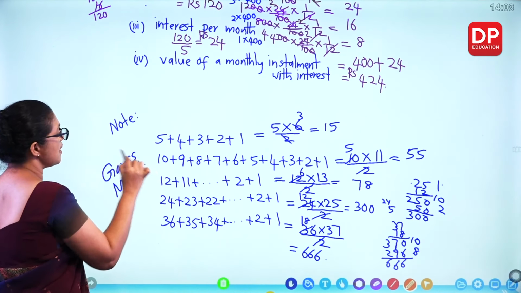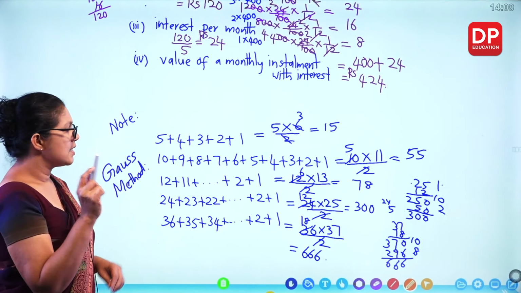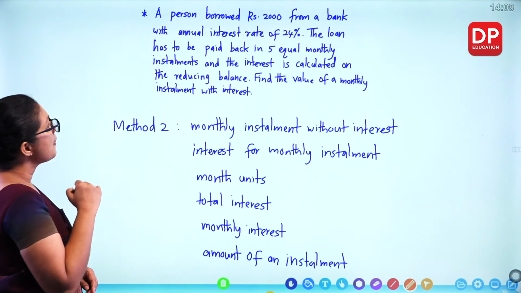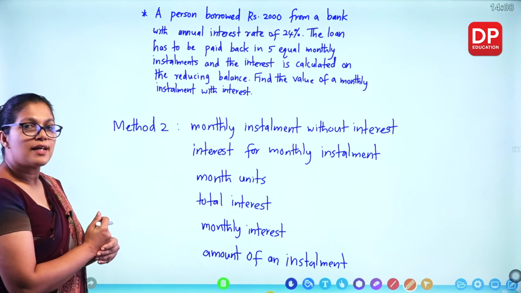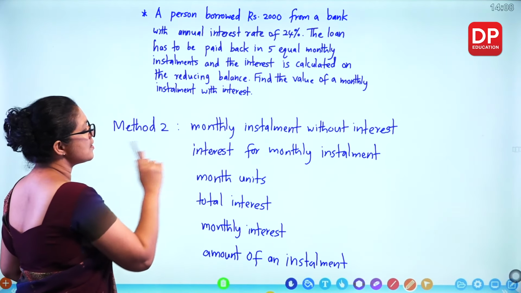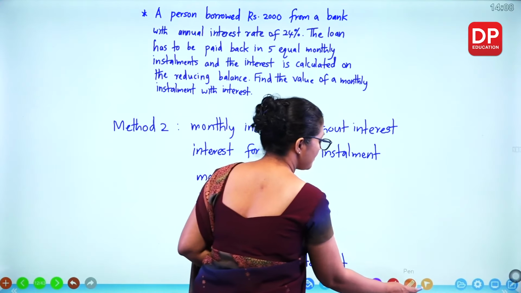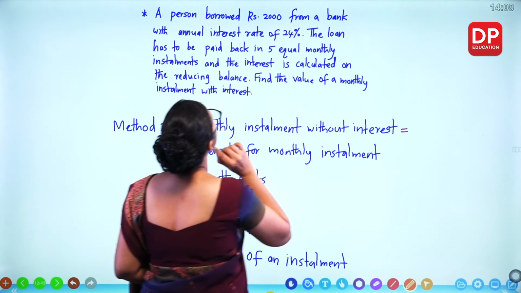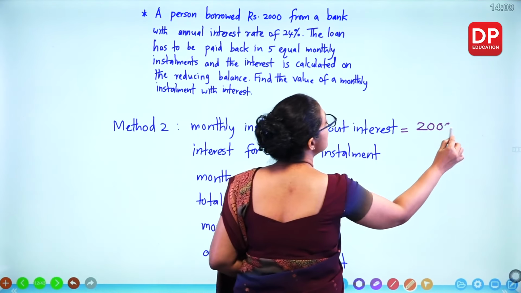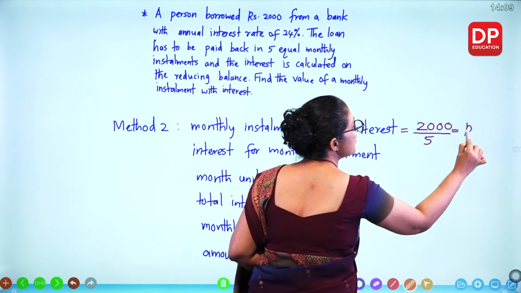So we'll use this method to find the value of a monthly installment with interest. We'll take the same example and find it using the Gauss method. There you do the first 2 steps the same way. Monthly installment without interest: you have to pay 2,000 rupees in how many months? 5 equal months, that's 400.